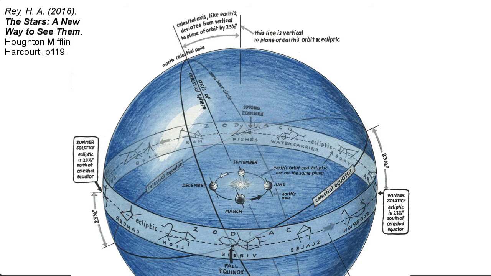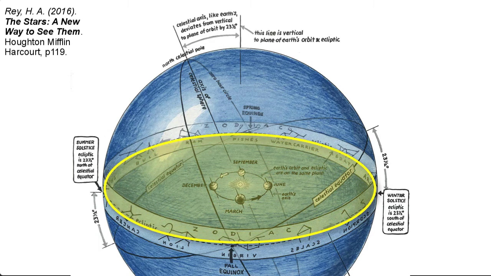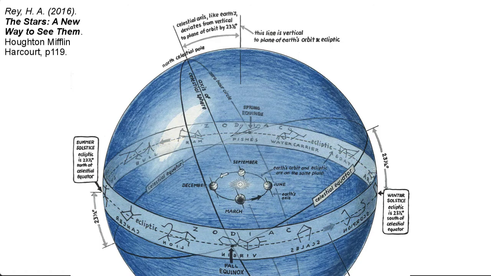And then even more importantly, the plane of the solar system, where the sun is, where the Earth is, where Mercury, Venus, Jupiter, Mars, Saturn, all those planets are in, if you project that plane outward, it hits the sky in some very special constellations. Those constellations are called the Zodiac.